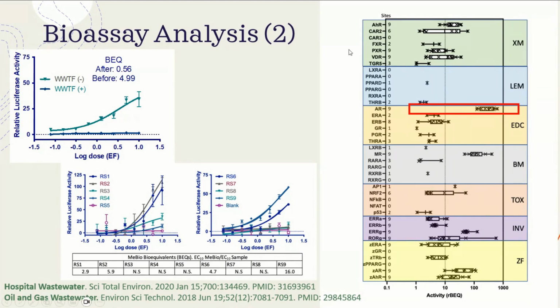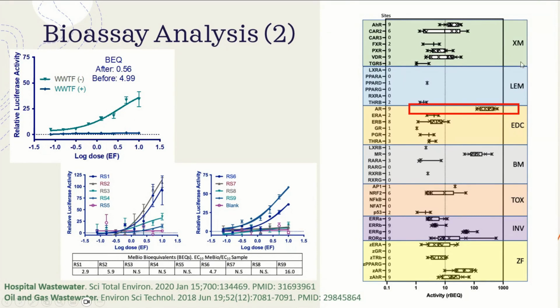I want to look a little bit over on the right-hand side here. So this is that study set that I showed you from the beginning that we did the ear analysis on. And so the ear analysis, when we looked at the potential pathways, it predicted that there could be an increase in the androgen receptor activity. So what we did here is we actually looked at all of these different molecular initiating events.